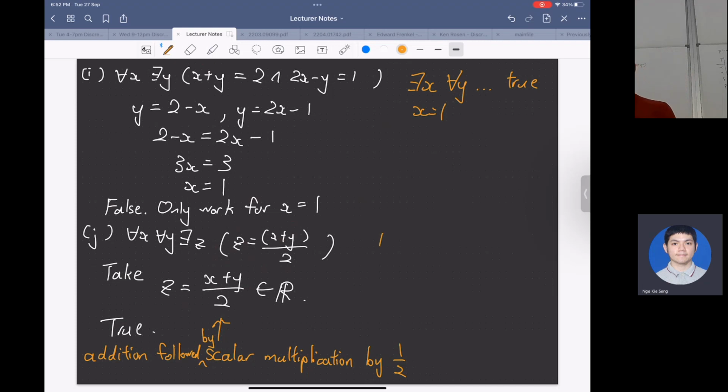So R is closed under addition: the addition of x plus y, followed by scalar multiplication by 1/2.